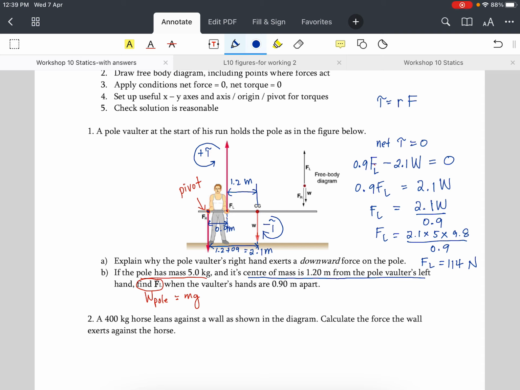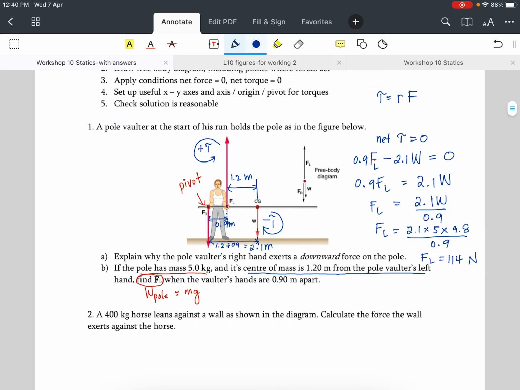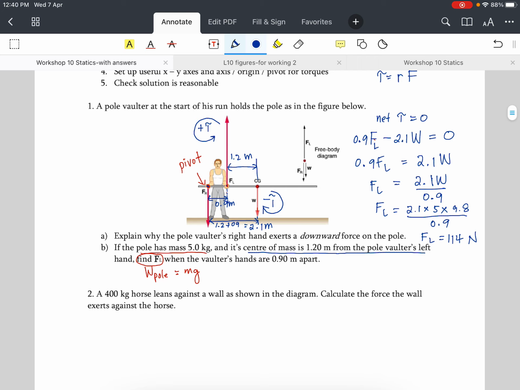If we wanted to find the force on the right hand, then we can just do sum of forces is equal to 0. Or you can also do net torque is equal to 0, putting your pivot at the left hand. But going just a step further, it's not in the question, but for example, you wanted to find FR.